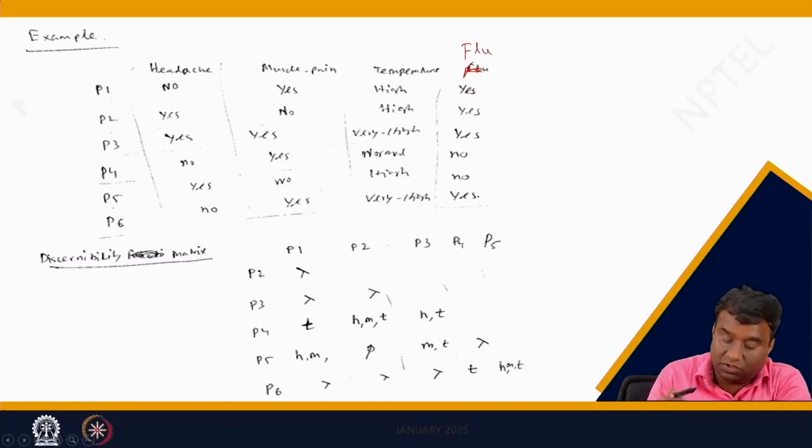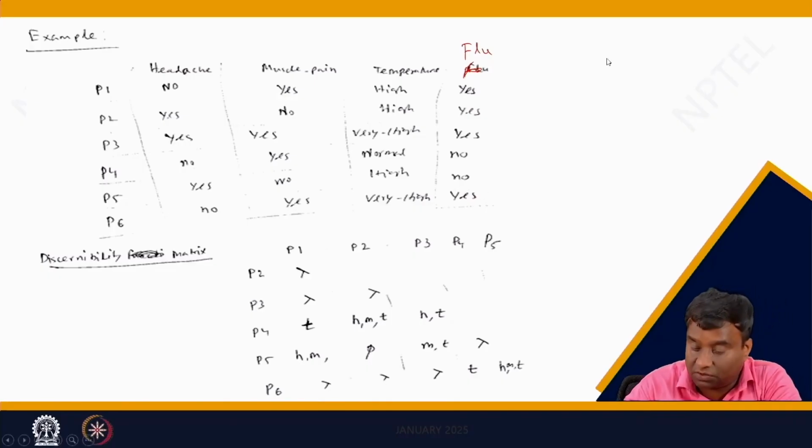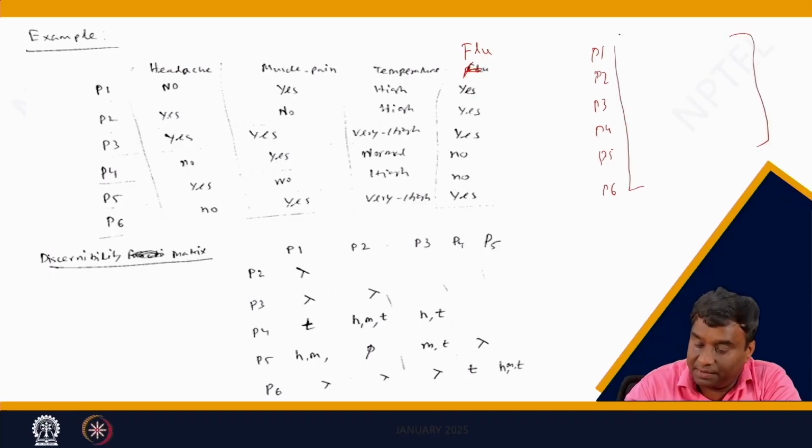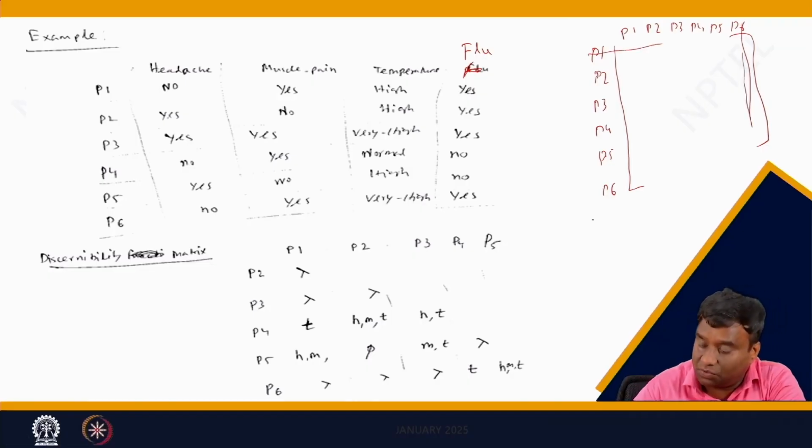So this will be the 6 cross 6 matrix. It is P1, P2, P3, P4, P5, P6. In the column we also have P1, P2, P3, P4, P5, P6, but we can eliminate the last column.